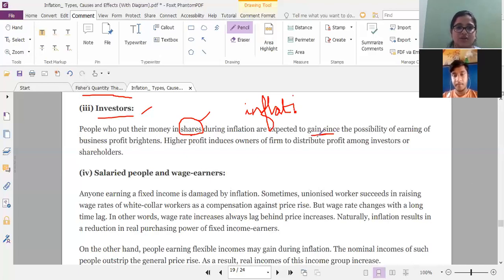Inflation is what? You know this condition. What is inflation? Tell me. No, ma'am, that was only my question. Okay, inflation itself you didn't understand.